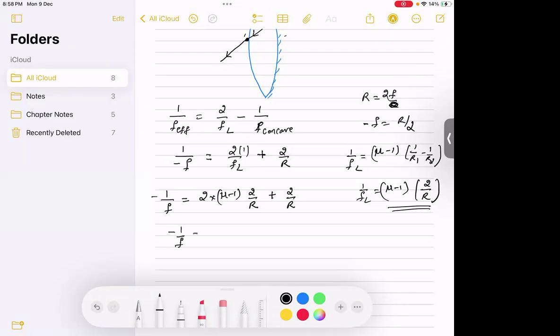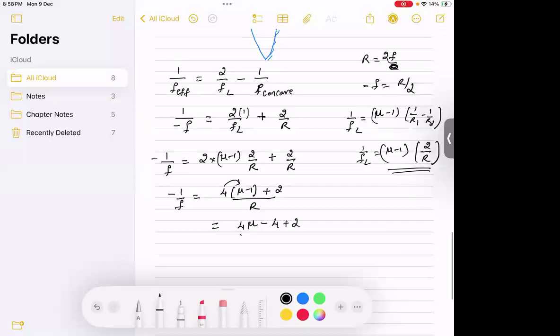So minus 1 by f equals 4 into mu minus 1 plus 2, whole divided by r, after taking out the LCM. If I multiply 4 inside, it becomes 4 mu minus 4 plus 2, whole thing divided by r. So this is nothing but 4 mu minus 2 divided by r.